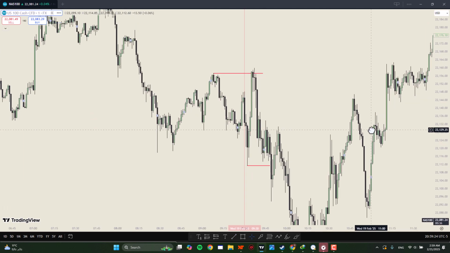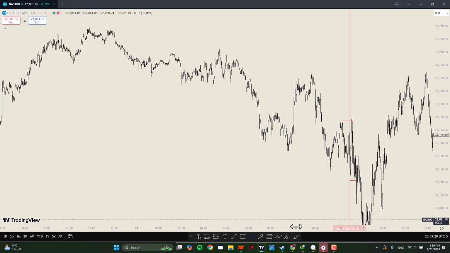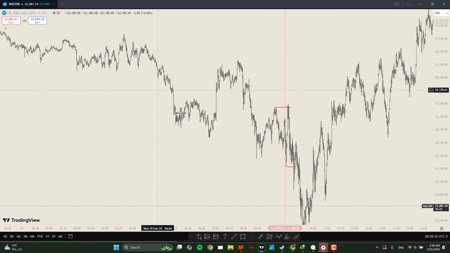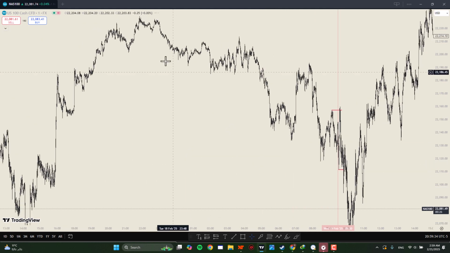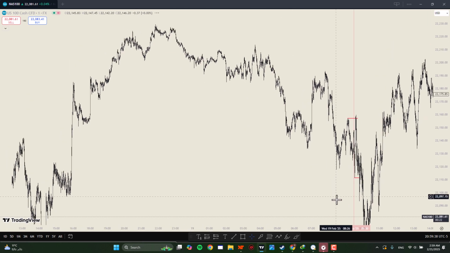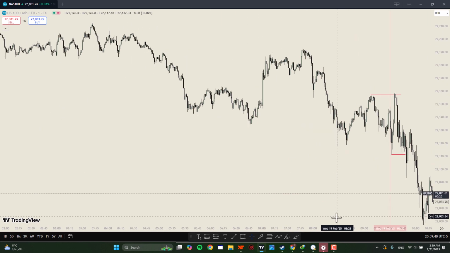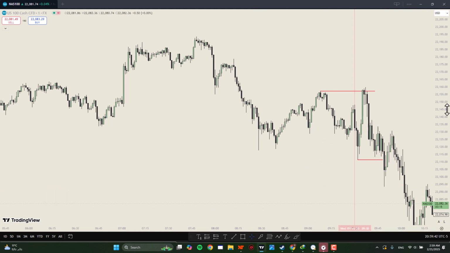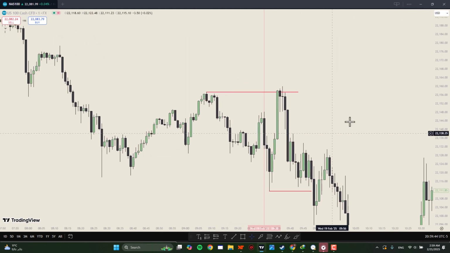Applying these steps to the chart here, what do we see? First of all, we can see that we are bearish from here. We are creating lower lows and lower highs, so obviously we are bearish. That's the first step. The second step is we're looking for price to take or sweep a high. You can see after 9:30, here at 9:30 we have nothing.